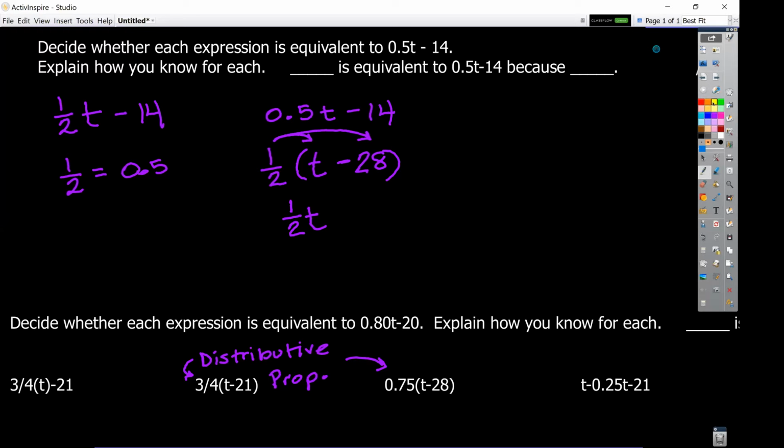A half times negative 28 equals negative 14. There you go. All right, let's keep going here.